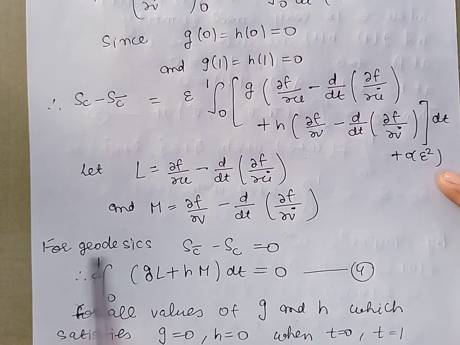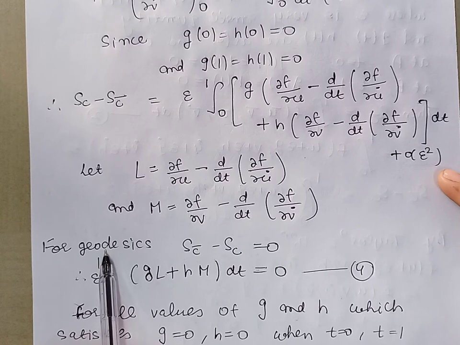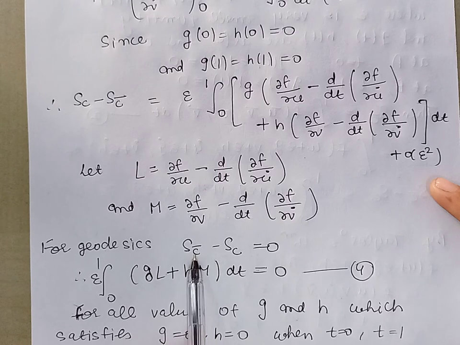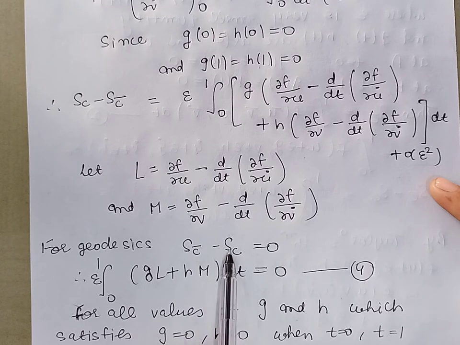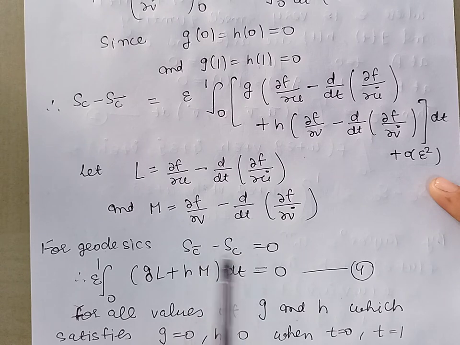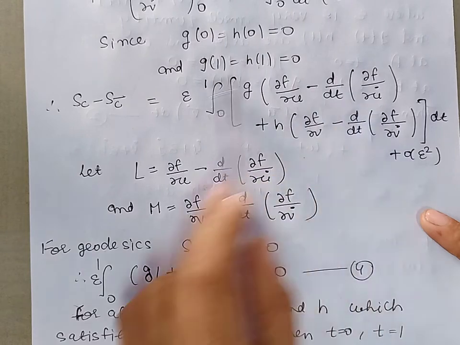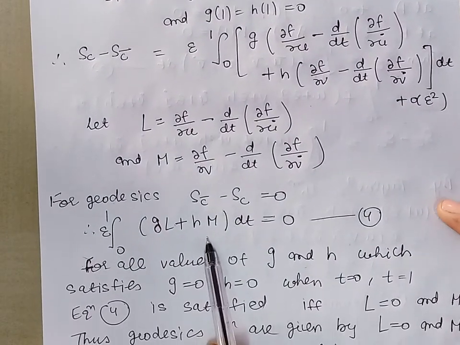Now for the geodesics, the length of the curve remains stationary. It means there is no change in the length of the curve C after the variation. So the length of curve C bar and the length of curve C remain the same, and therefore the difference of their lengths will be 0. So from here this term will become 0.